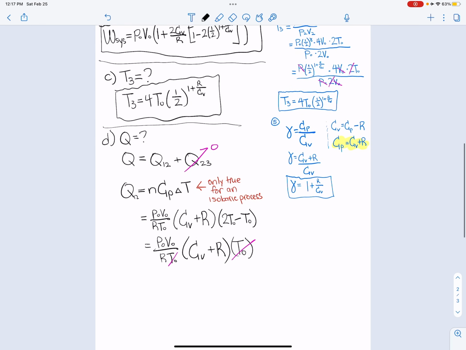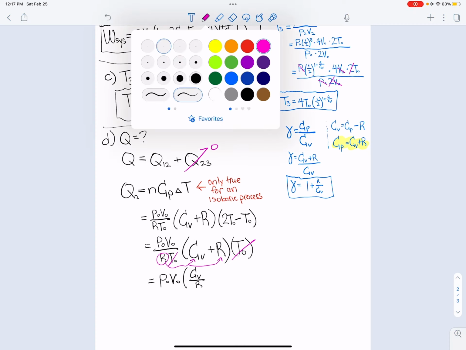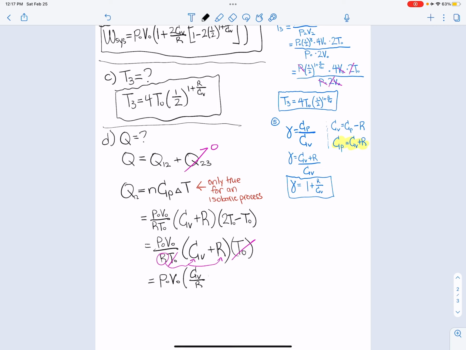That gives P naught V naught times CV over R, because all I'm doing is bringing this into both terms: CV over R plus R over R, which is just equal to 1.